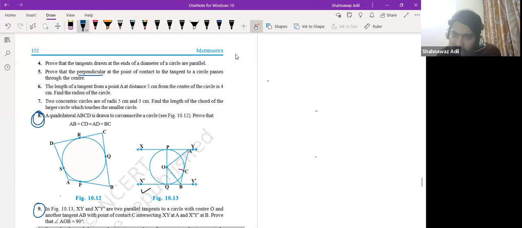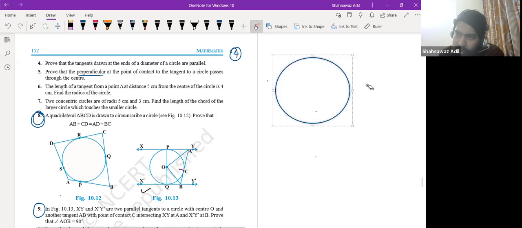Fourth question that we have. Prove that the tangents drawn at the ends of a diameter are parallel.